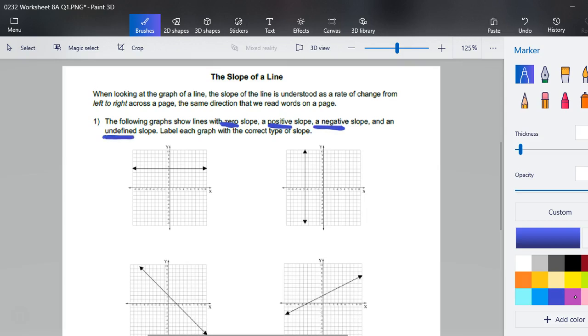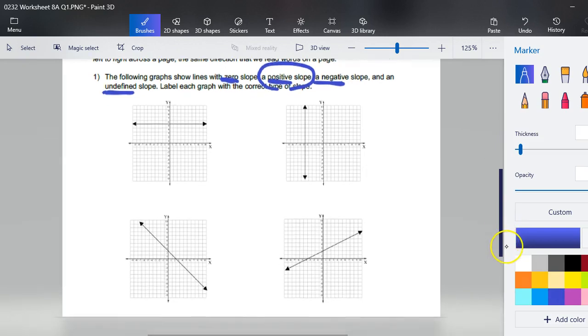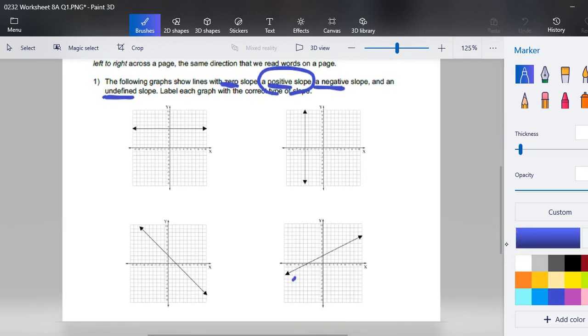Somehow make these things make sense in your brain. I'm going to start with the positive one. Looking at the bottom right corner, from left to right, this line is going up, and we're going to call this one having a positive slope. Similarly, from left to right, this line is going down, so we're going to say it has a negative slope.